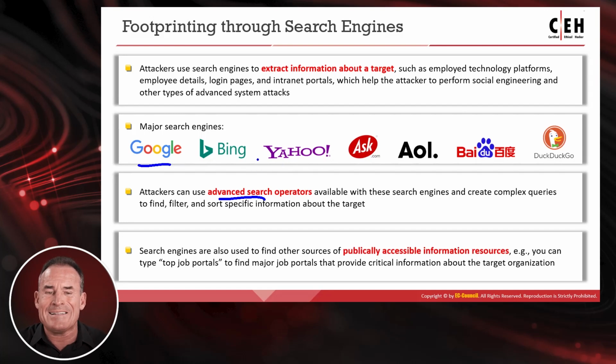There's actually a database, more than one, of known Google search queries that find different types of interesting information. Now, in the lab, you're going to go through several examples of Google Advanced Search Operator syntax and usage. I'm going to show you some of the basics here in the next couple slides.